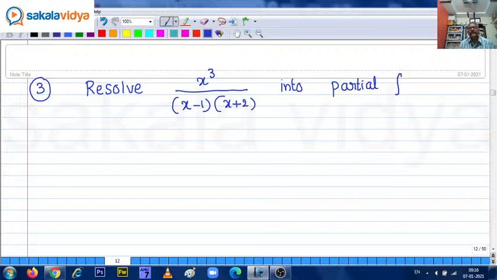Can you do this problem now? Are you able to solve this problem? Just think about what the partial fractions are and what procedure needs to be followed.